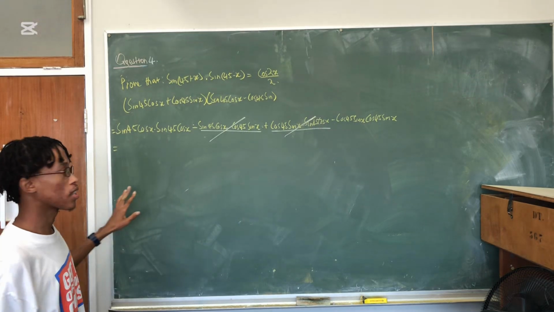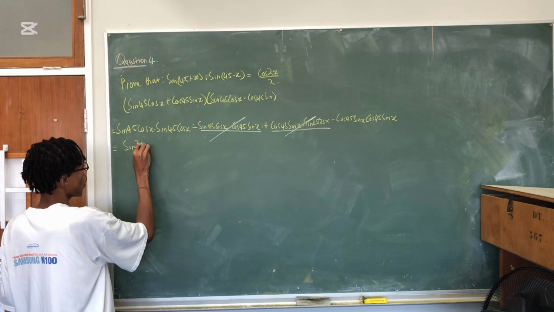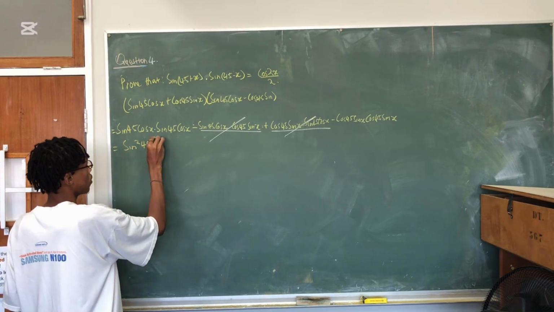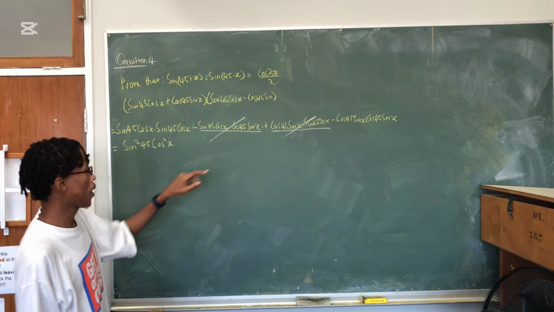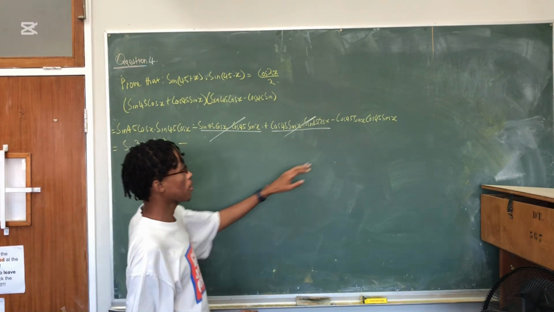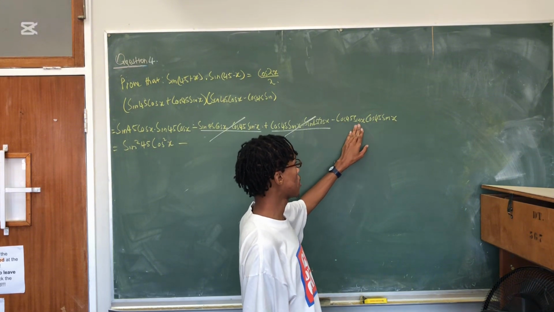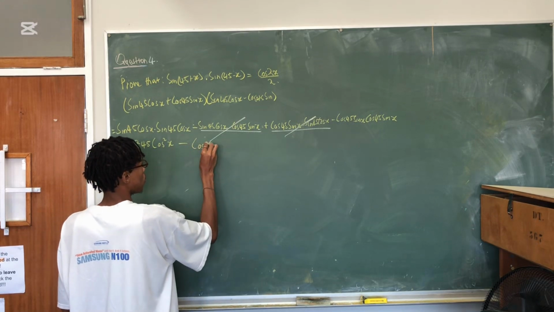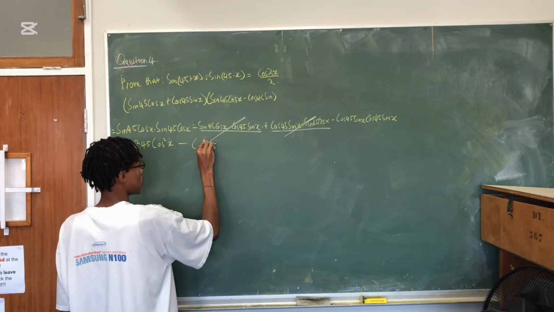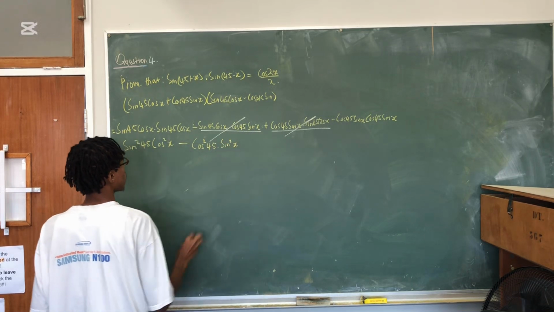Another way of expressing this is by saying sine squared 45 multiplied by cos squared of x, minus the same thing can be said here, cos 45 sine x times cos 45 sine x, which is cos squared 45 sine squared x.